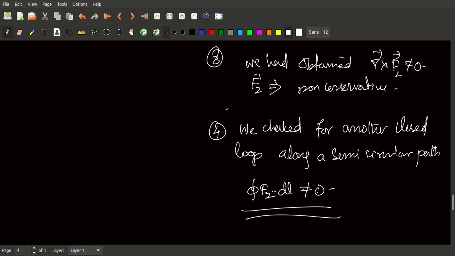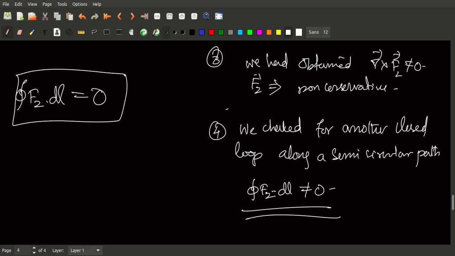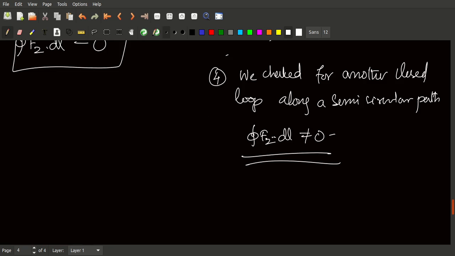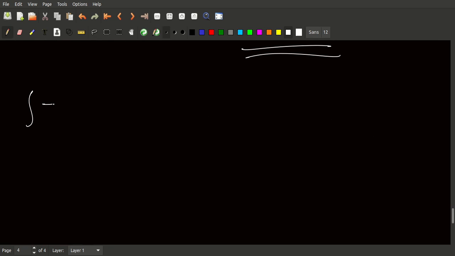For a conservative force, this closed integral with any loop, F2 dot dl, is equal to 0, because I will explain that from Stokes law, which is integral of del cross F dot dA equal to closed integral of F dot dl.